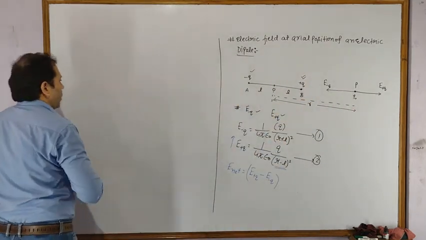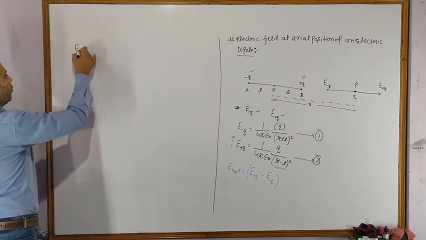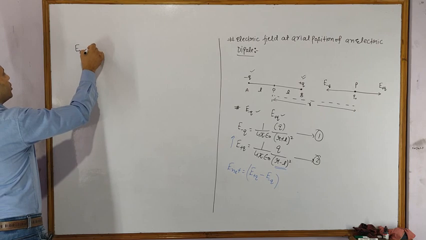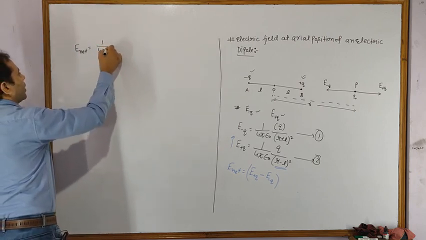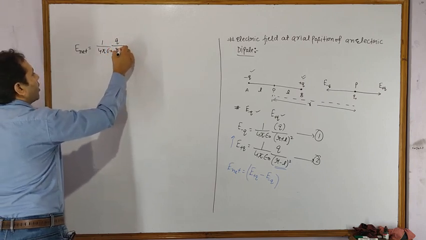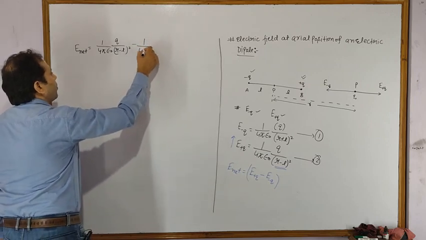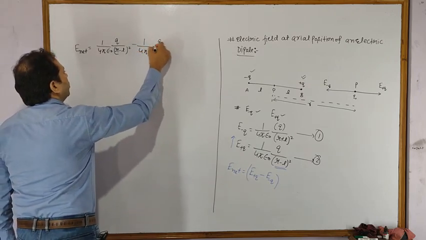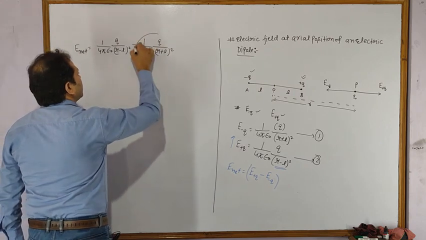Let's put in the values of both the equations. 1 upon 4 pi epsilon naught Q upon R minus L the whole square, minus 1 upon 4 pi epsilon naught Q upon R plus L the whole square.